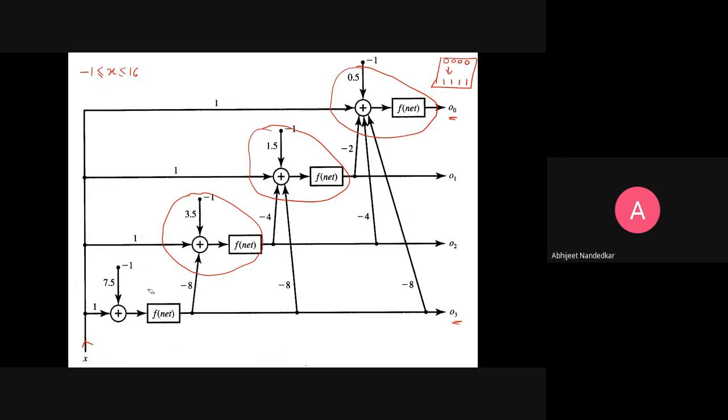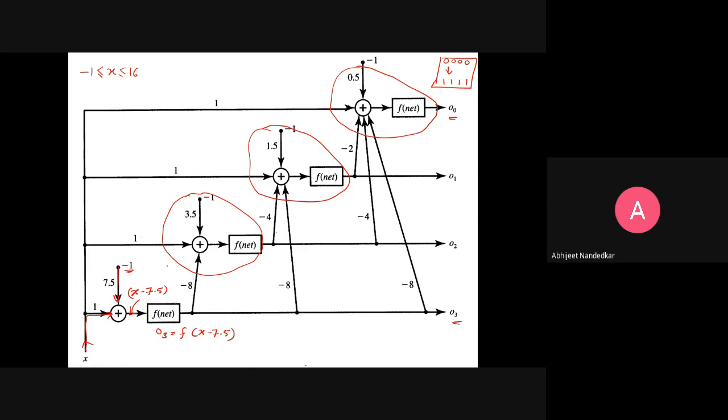Now if you see the 4th one, that is output O3, what is it receiving? It is receiving X from here, then minus 7.5 from here, which is a thresholding terminal. So what I receive at this point is x minus 7.5, and output O3 is a function of x minus 7.5.